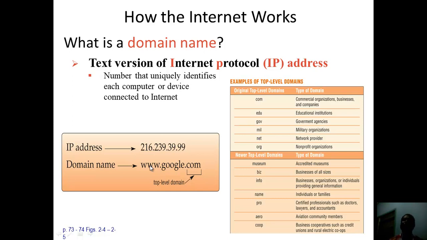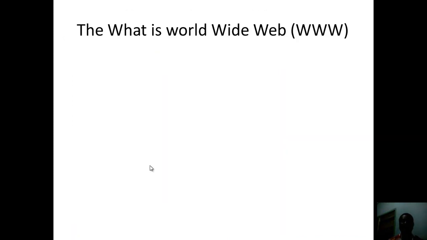Those of you who have been applying for the US visa see www.lottery.gov. That is the US government. We have the military organization ending with what? .mil, .net, .org, and so on and so forth. These are top level domains that we use. I hope we understand this.